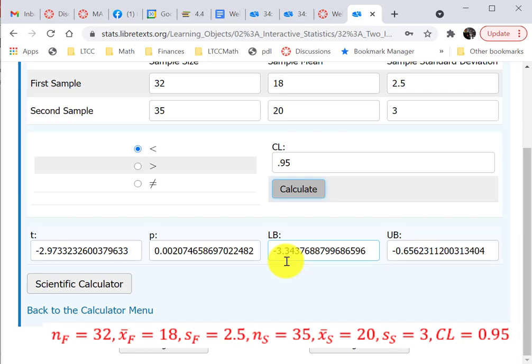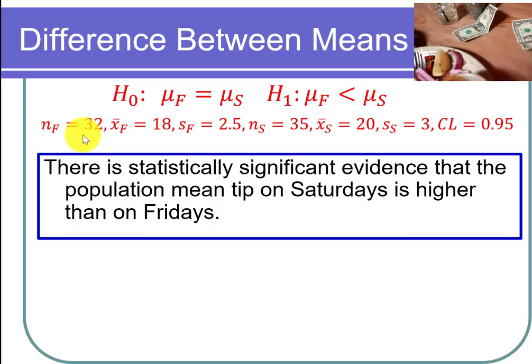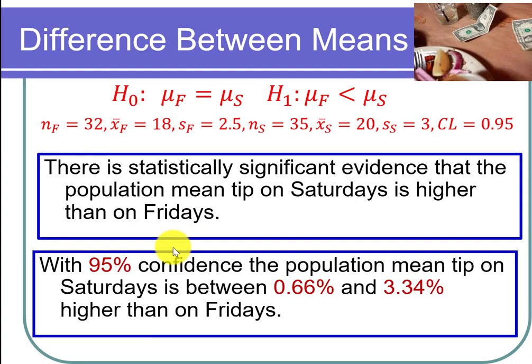So now let's write down our conclusions. We had a very small p-value, so we can conclude that there is statistically significant evidence that the population mean tip on Saturdays is higher than on Fridays. And then for the confidence interval, it was negative 0.66 and negative 3.34.